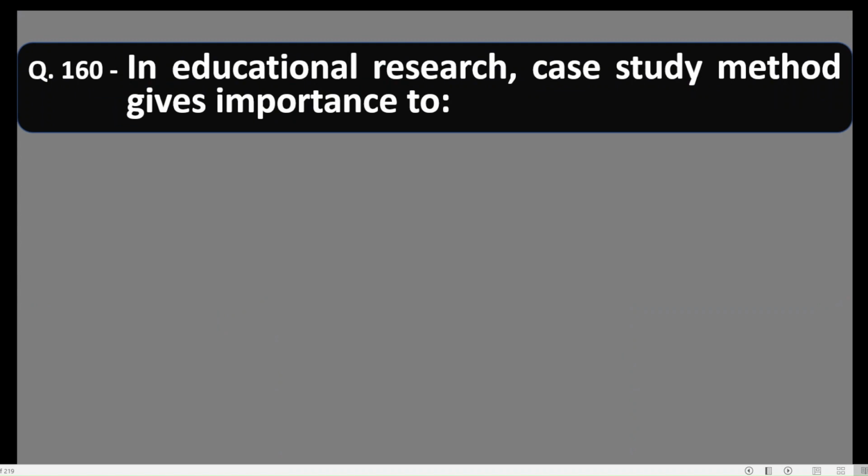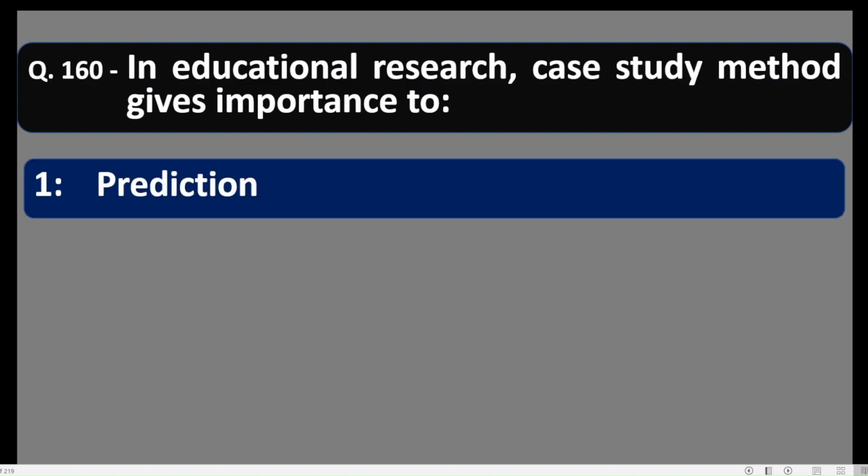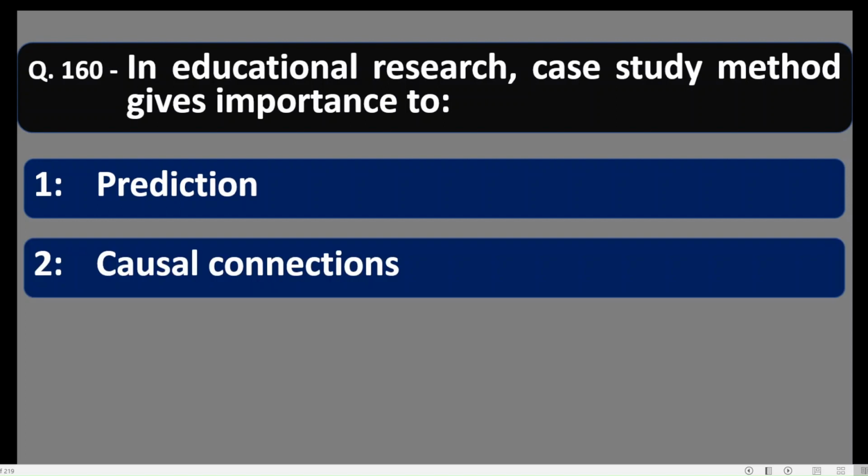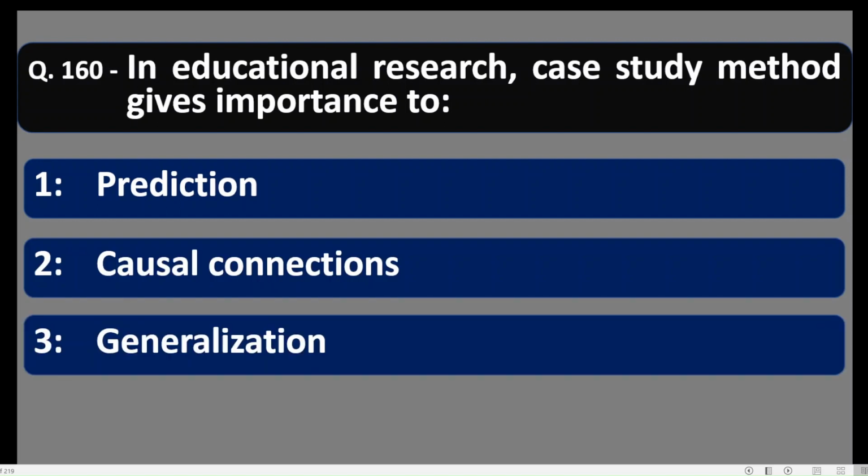Question number 160. In educational research, case study method gives importance to, let us see, prediction. Number two, causal connection. Number three, generalization. These three things are not the characteristics of case study.